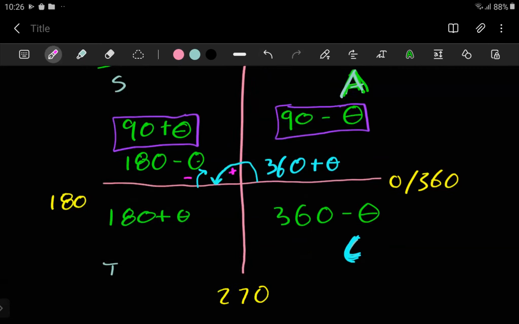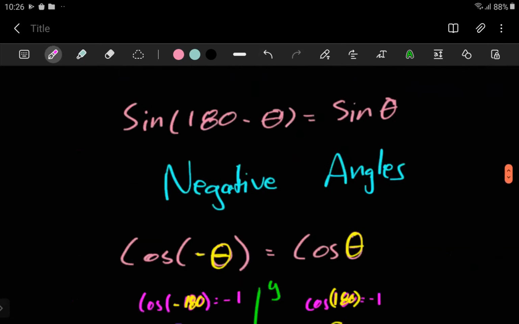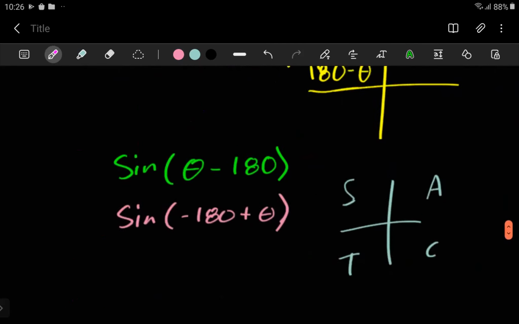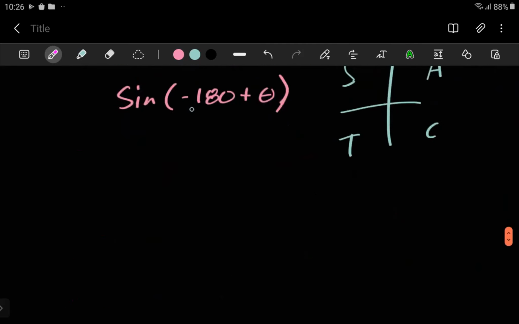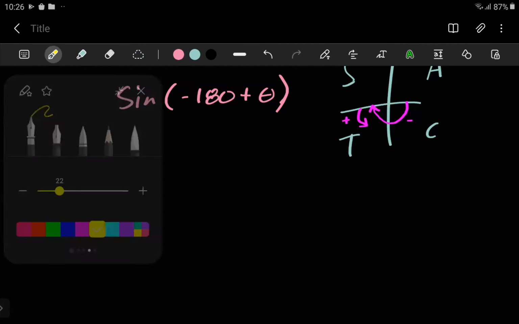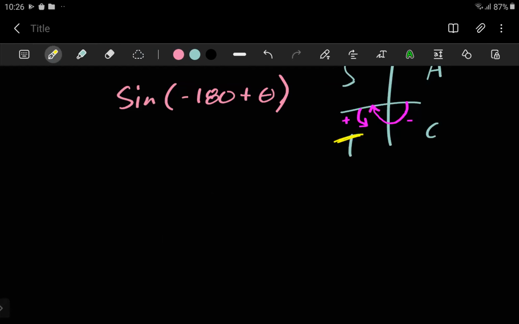The reason I'm mentioning this is, if you now see stuff like what we have at the bottom here, negative 180 plus theta, the negative tells you you have to go clockwise first. So you go minus 180, and the moment you plus theta, you have to go in the anti-clockwise direction, meaning you end up in this quadrant where only tan is positive.